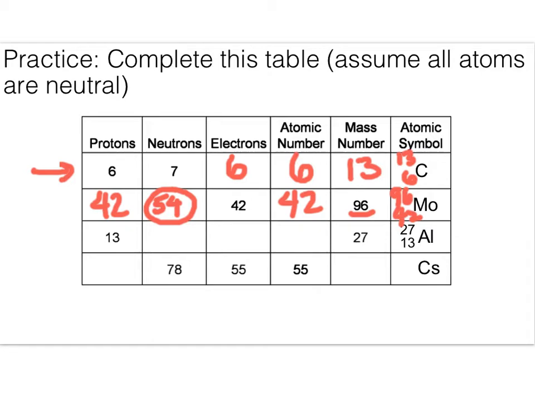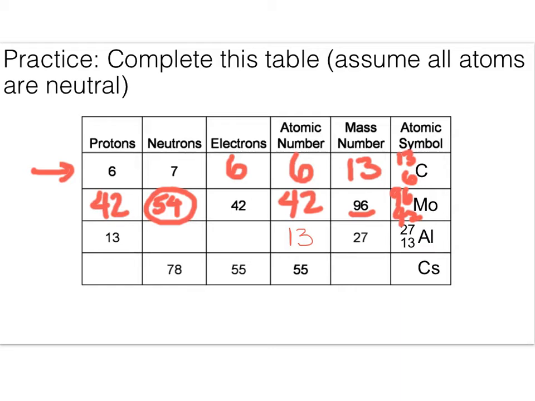Okay, so let's do aluminum 27. Aluminum 27 has a mass number of 27, and it has 13 protons, so we know, of course, the atomic number is 13. I'm going to switch to a little more finely. There we go, that's much better. So the atomic number is equal to the number of protons.